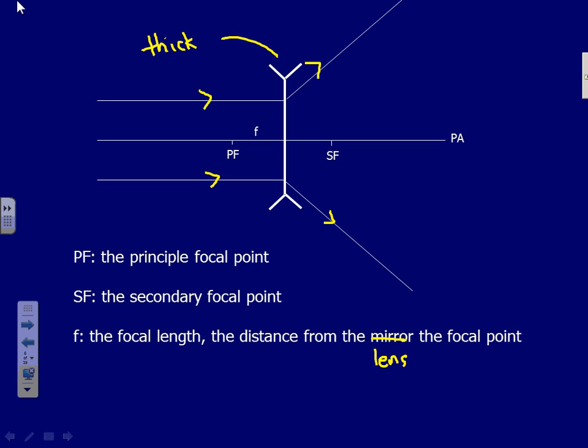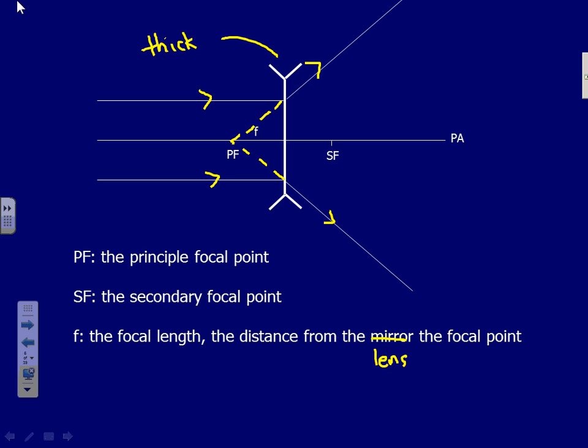Notice in this picture, the PF is on the front, where for converging, the PF was on the far side. That's because when a diverging lens's rays spread out, they spread out as if they came from that PF. So the principal focal point is now on the front. No need to write the definition. We know the definitions.